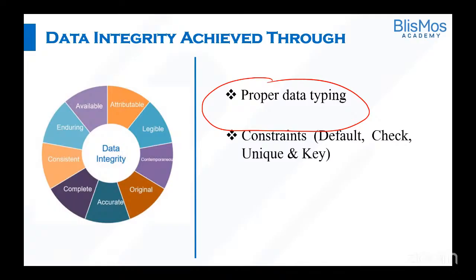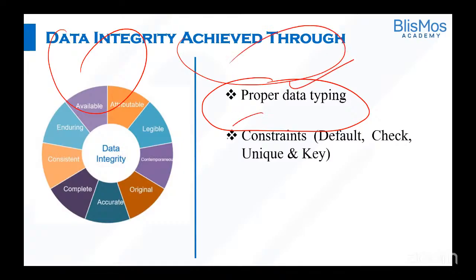That is a constraint. For example, we have default constraint, check constraint, unique constraint, key constraint. These are different types of constraints. So data integrity is achieved either through proper data typing or through constraints.